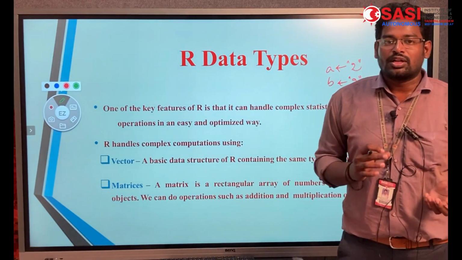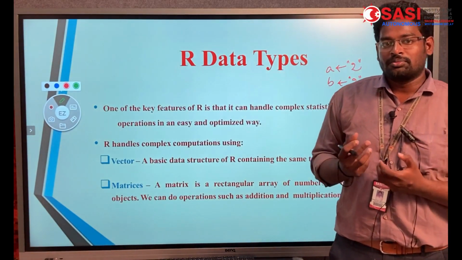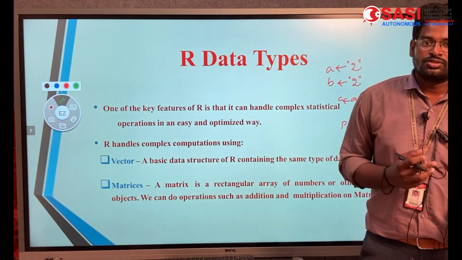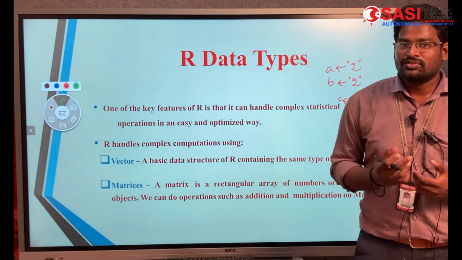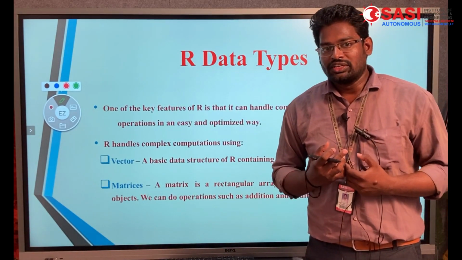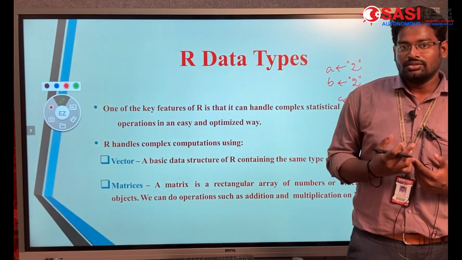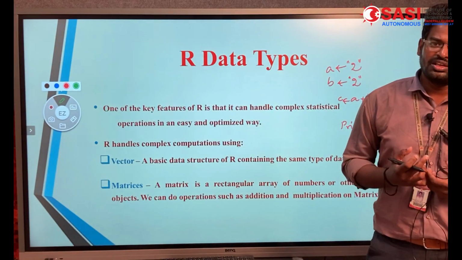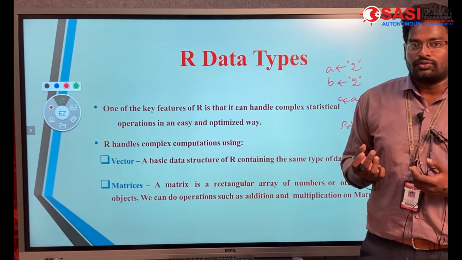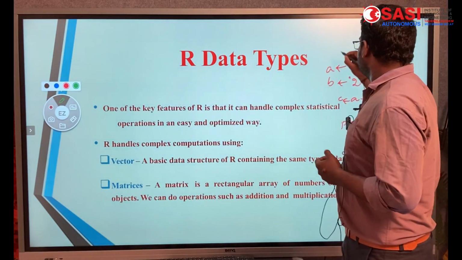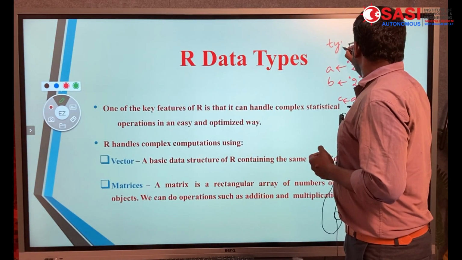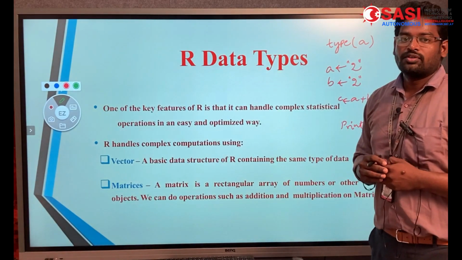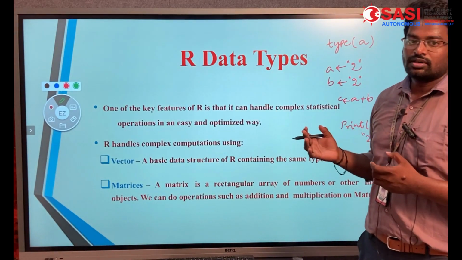Not only this, but also based upon the data type of the data, the memory will be allocated to that particular variable. By considering all these things, data types play a vital role. That's why we need to give the type to the data. In order to know the data type of a particular variable, in our programming we have a function called typeof. This typeof of A will give the data type of that particular variable.